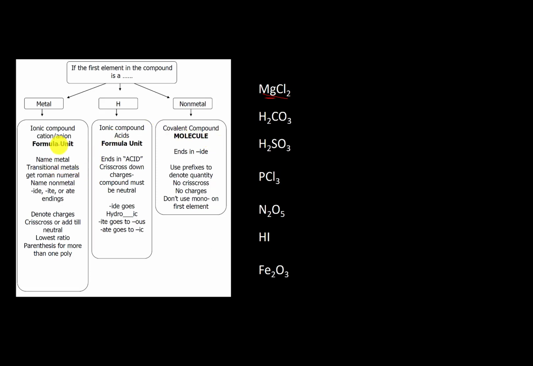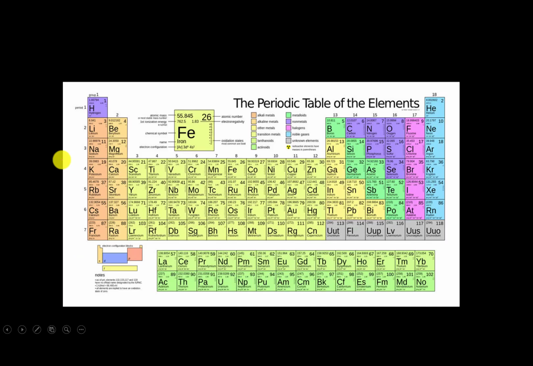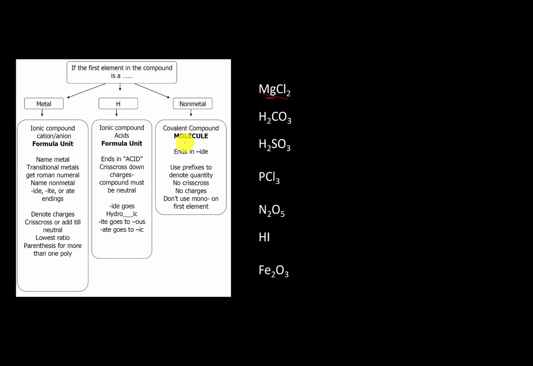And so if it's a metal, then we know we have an ionic compound. So then what we do is we name the metal. If it's a transition metal, we need Roman numerals. This is not a transition metal, because transition metals would be these metals in here. Instead, it's an alkaline earth metal. And so we just name the metal, and then we name the nonmetal, and we have an ending that is either ide, ite, or ate, depending on what that anion is.